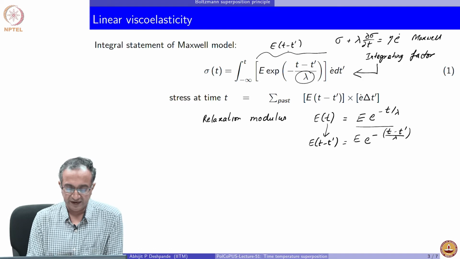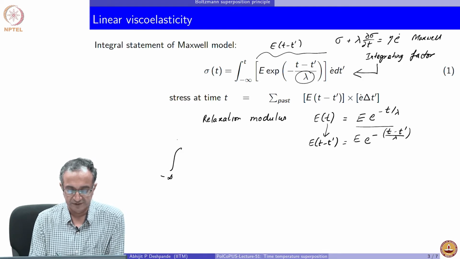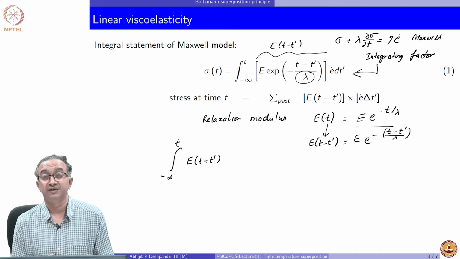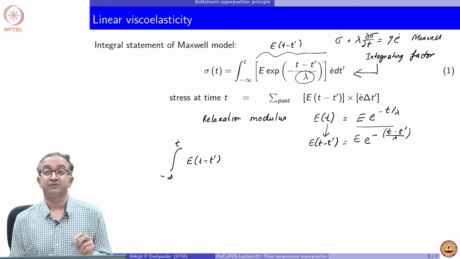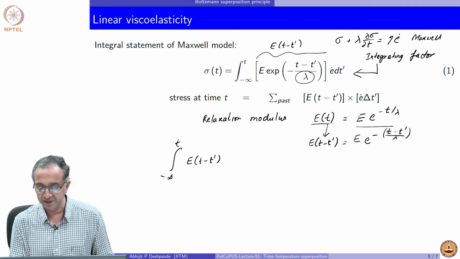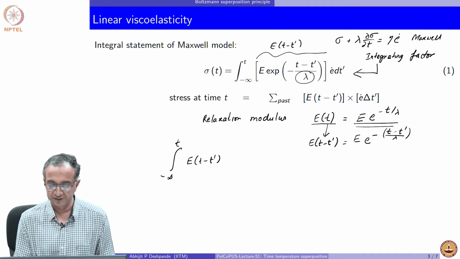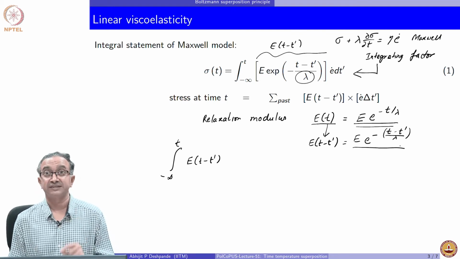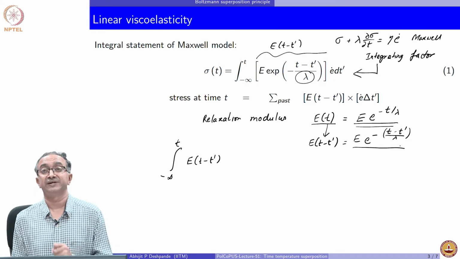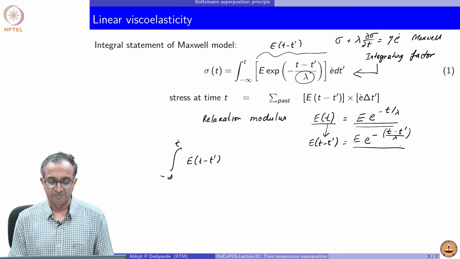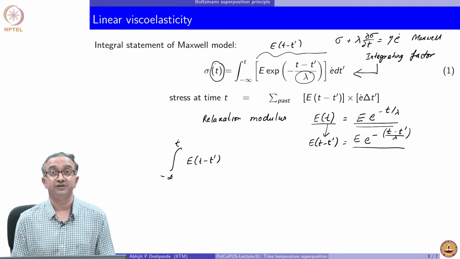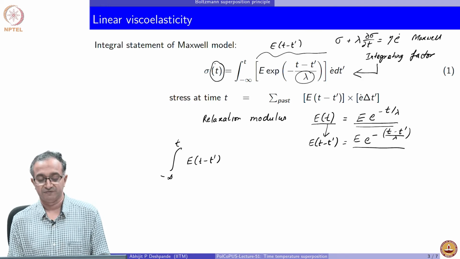So, now what we have is an integral from minus infinity to t of E of t minus t prime. So, it is a relaxation modulus evaluated at t minus t prime, while relaxation modulus evaluated at time t is just given by this. So, therefore, this is nothing but the same relaxation modulus, but evaluated at a different time. What does t minus t prime imply? t is the present time, because we are interested in knowing stress at the present instance of time.